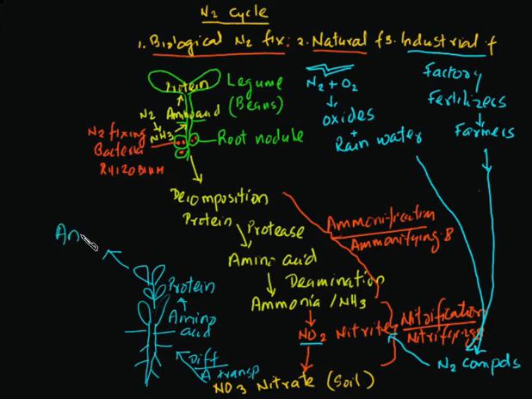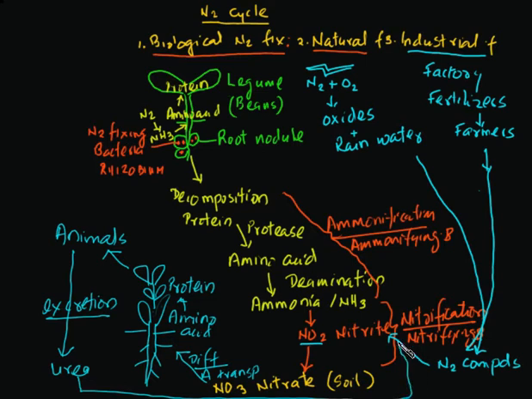When animals eat the plants, what happens to this protein? It's transferred to the animals. The excess amino acids are deaminated by the animals and turned into urea. So the urea comes out by a process of excretion. And what happens to urea? Urea is turned back to ammonia, and ammonia is turned to NO2, then NO2 is turned to NO3.